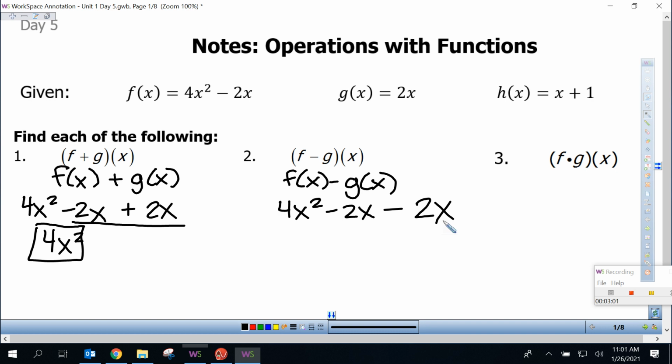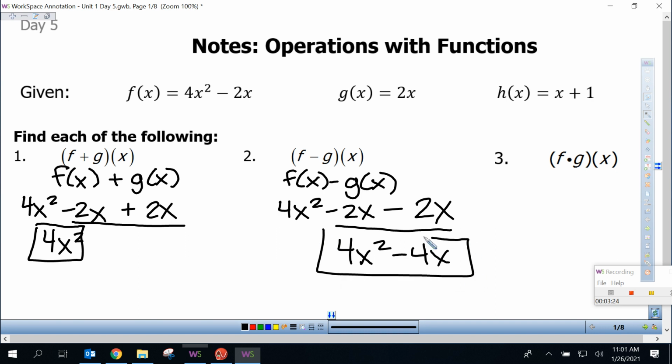Since g of x is a monomial, I didn't put it in parentheses, but if it were a binomial or trinomial, put it in parentheses and distribute that negative. Okay, combine your like terms. Yes, the 4x squared would go first. Negative 2x minus 2x gives us negative 4x. No, if you factor it, then it's not going to be in simple form.